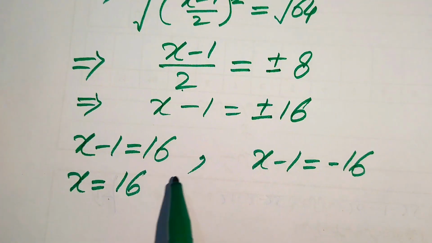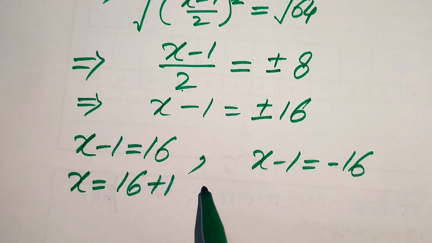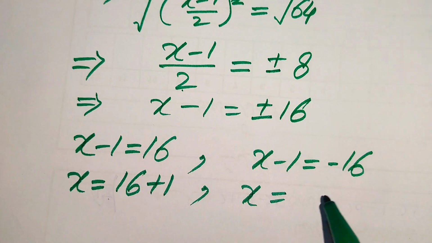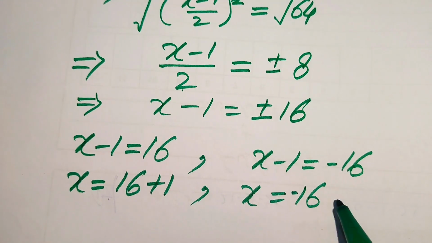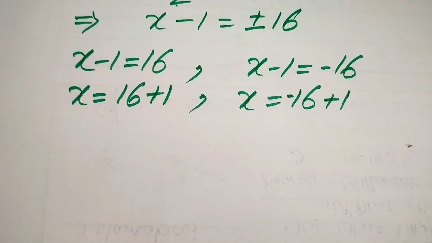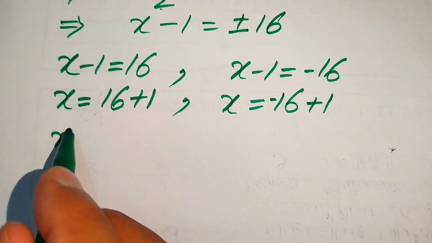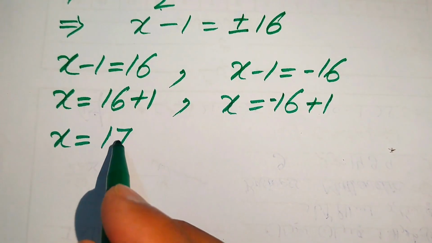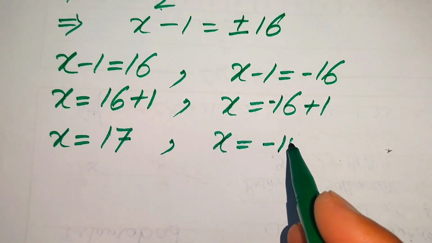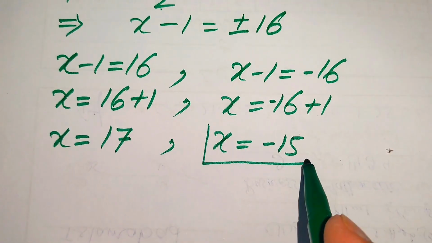When we move this minus 1 to the right hand side, it becomes plus 1. In the same way, here we move this minus 1 to the right hand side and it also becomes plus 1. In the next step we get x is equal to 17, and from here we get x is equal to minus 15.